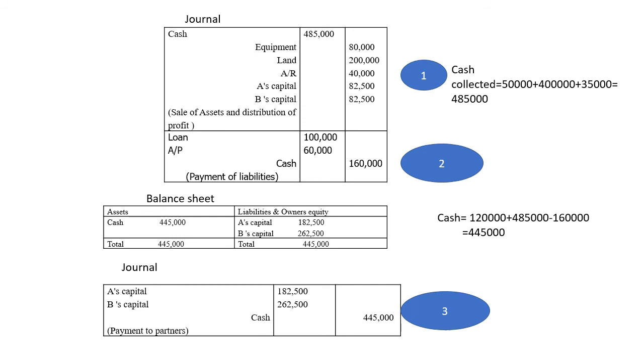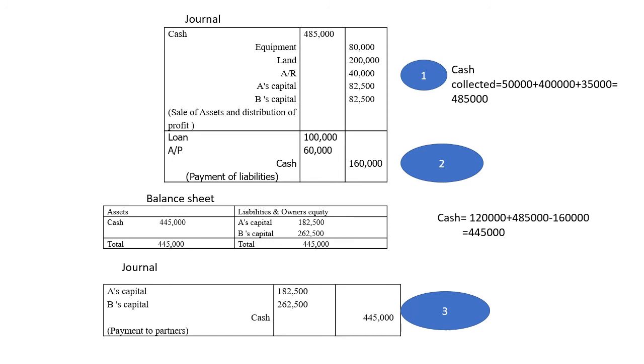Then we have a difference, which is considered as profit from selling the assets. This difference will be distributed between the partners A and B equally, because the exercise says they distribute any profits or losses between them equally. The difference is 165,000: 485,000 minus 80, 200, 40.